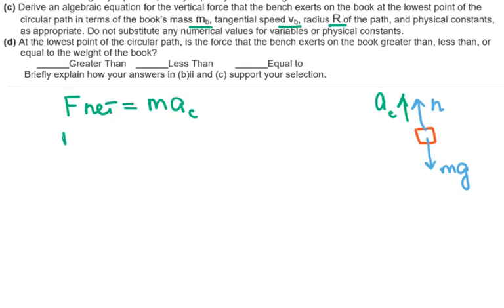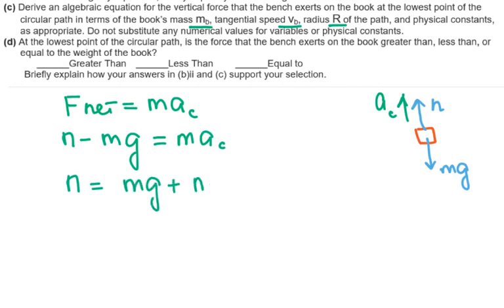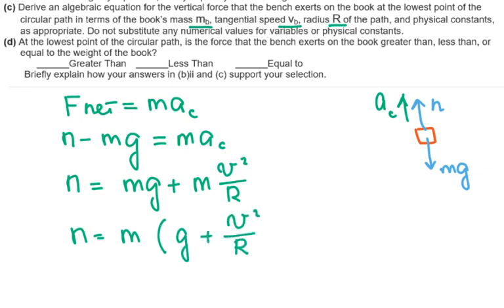The net force is the normal force minus mg equals m a_c. If I solve for the normal force, the normal force is equal to mg plus m a_c, which is m v squared over r. So the normal force is equal to mg plus m v squared over r. And that would be your solution.